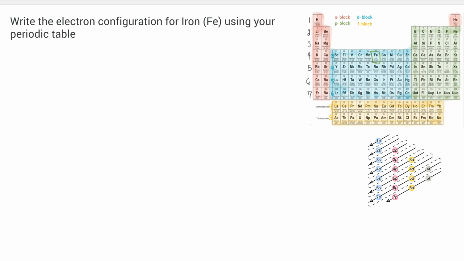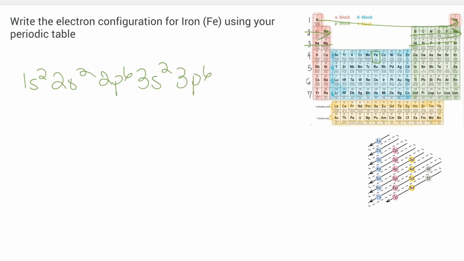So let's go ahead and write that out. 1s2, 2s2, 2p6, 3s2, 3p6, then we go down to 4s2, and then 3d, and we said iron is 6 in.